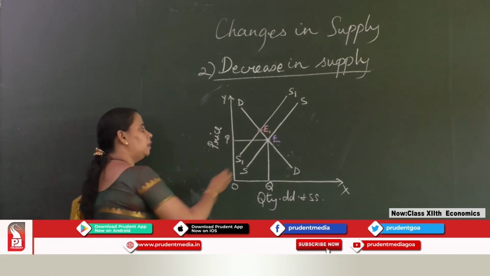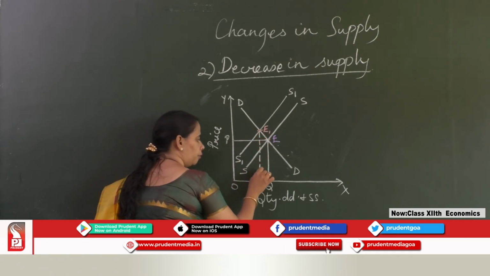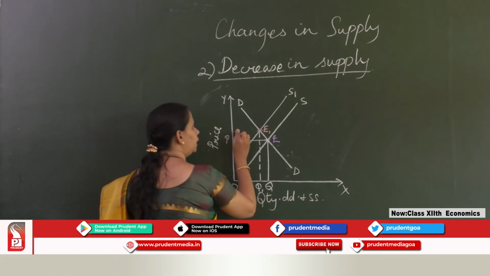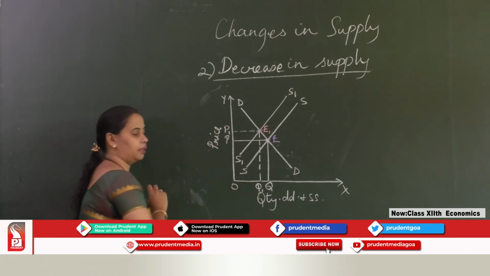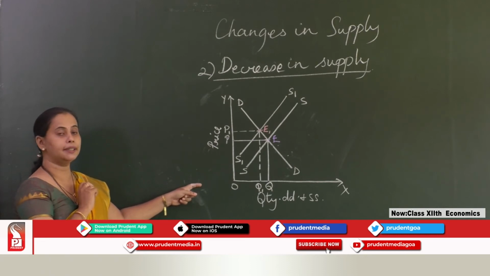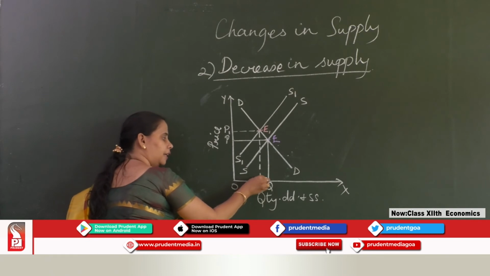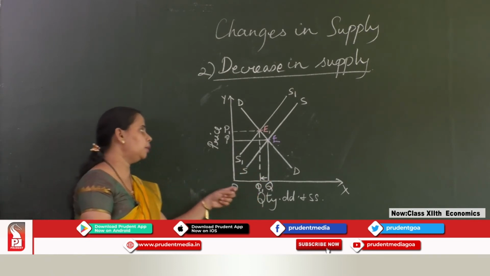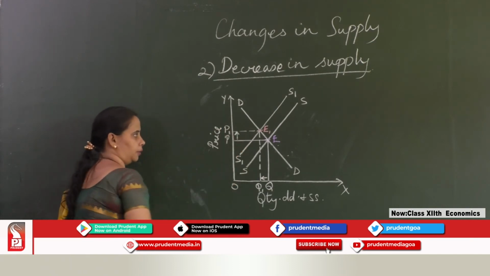Again, corresponding to this equilibrium point, we have the new quantity Q1 and the new price P1. As we can see in the diagram, when there is decrease in the supply, the quantity demanded and supplied reduces from OQ to OQ1 and the price rises from OP to OP1.